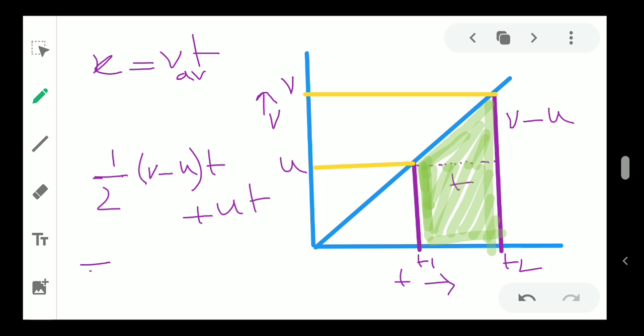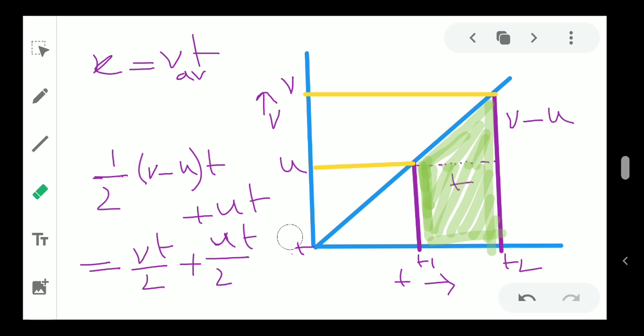If you just do a little bit of simplification here, you will get v by 2 minus u by 2 plus u, and t is there. Basically, if we calculate this, ut minus ut by 2, that means 1 minus half, will be plus. So instead of this complicated figure, I can just write plus u by 2.